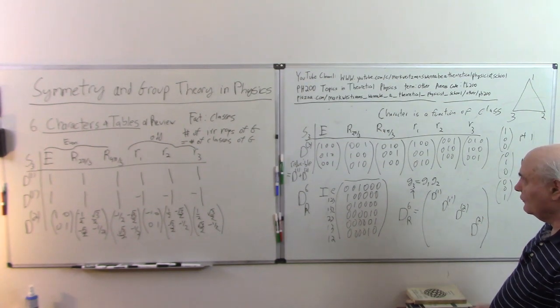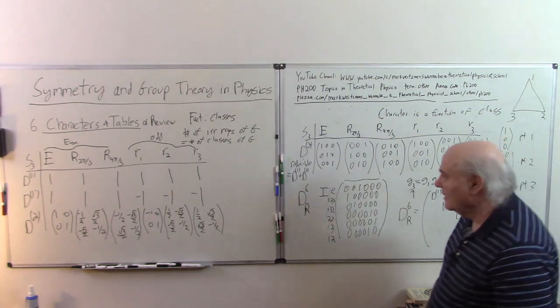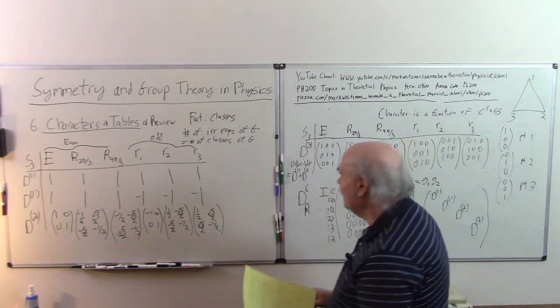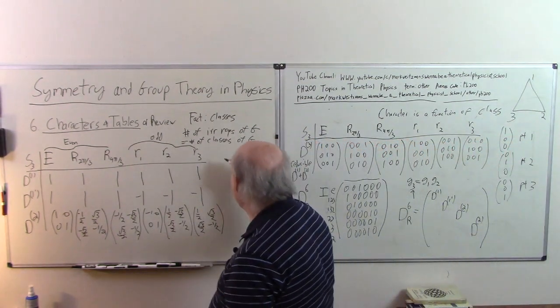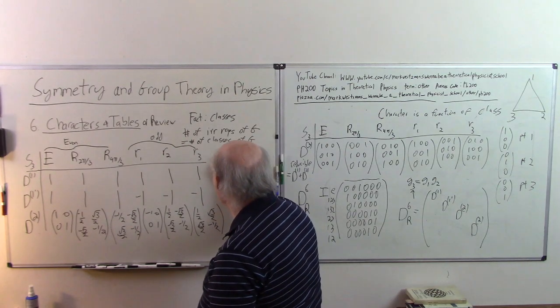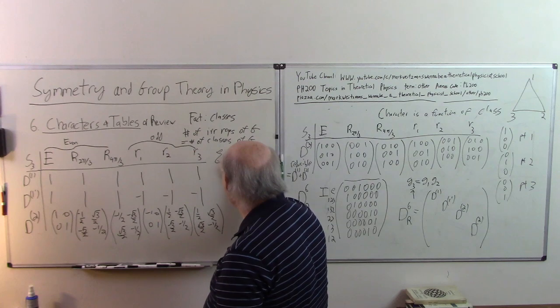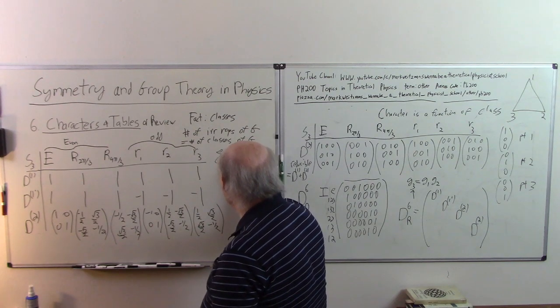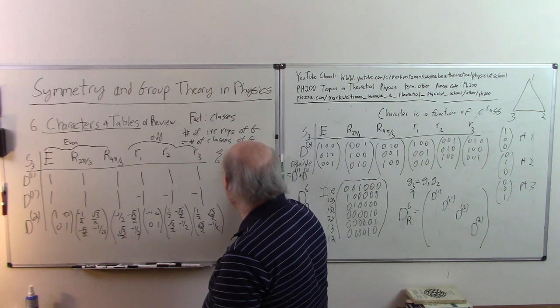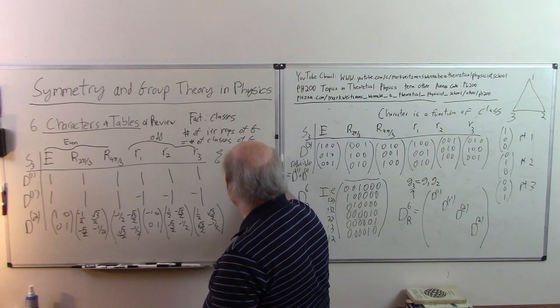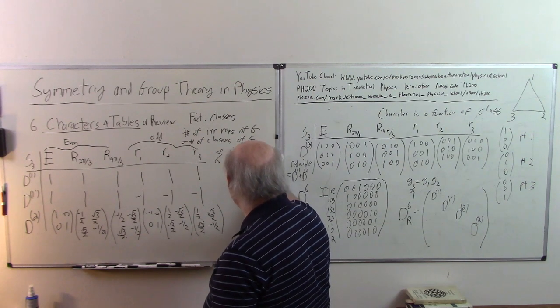And this is useful to check this very important theorem. This is another fact, but the sum of the dimensions of the irreducible representations squared is equal to the order of the group. I'll call this NG.